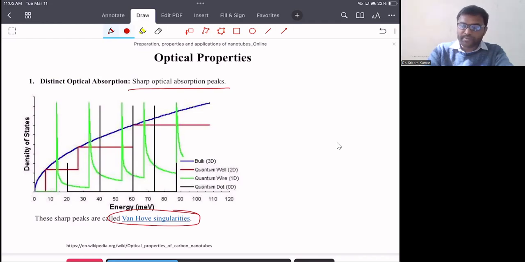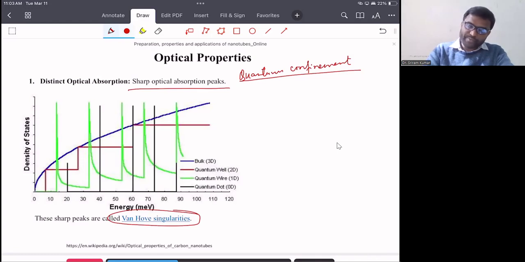I already explained this quantum confinement effect on optical properties of nanomaterials in the first class.